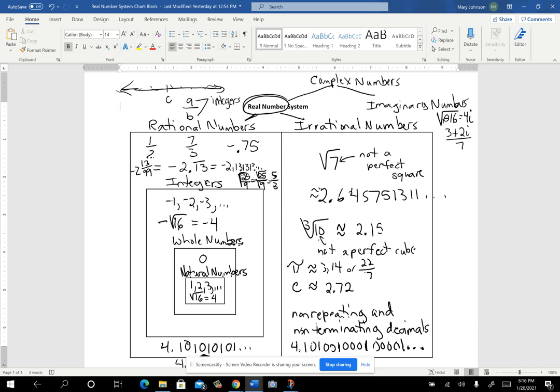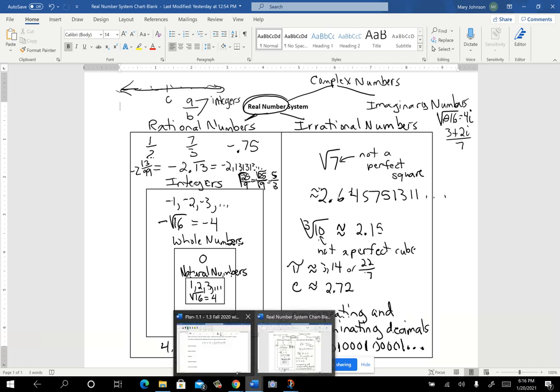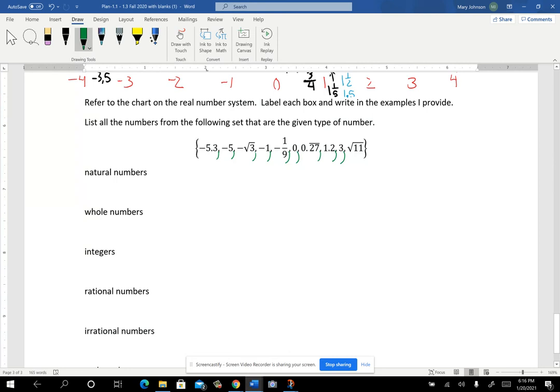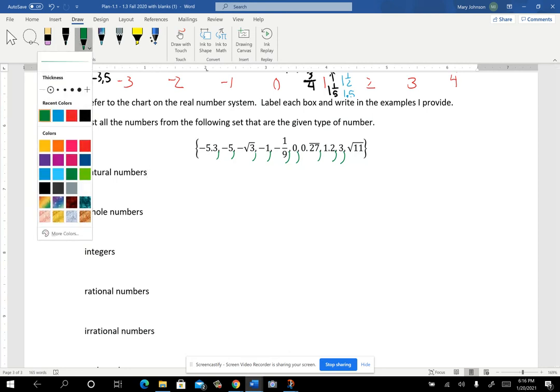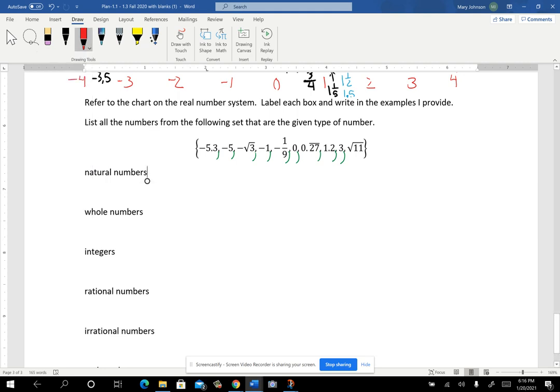Let's go back now and try to work the problem on the worksheet. So we're supposed to be taking this list of numbers and indicating which of those numbers are natural numbers. So we're looking for which of the numbers are in that innermost box. They're sometimes called the counting numbers.